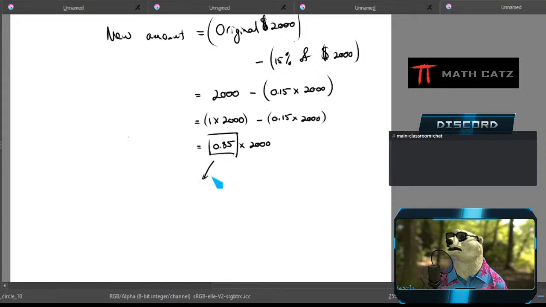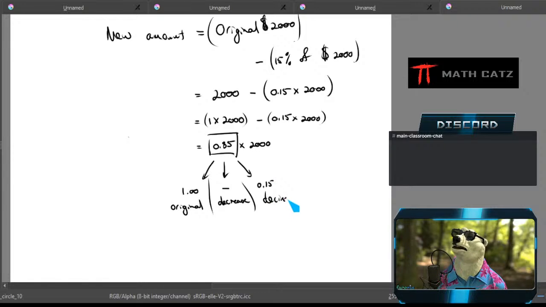It again comes from three things. It comes from an adjustment of my base amount, 1 or 1.00 or 100% or whatever, from the original that is being adjusted, minus, because of the decrease, and then 0.15 because of that being the decimal version of the percentage in question.